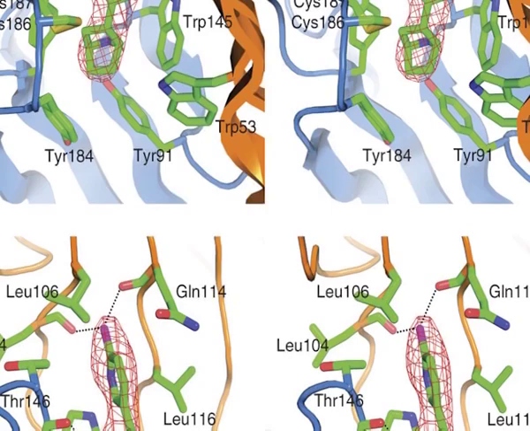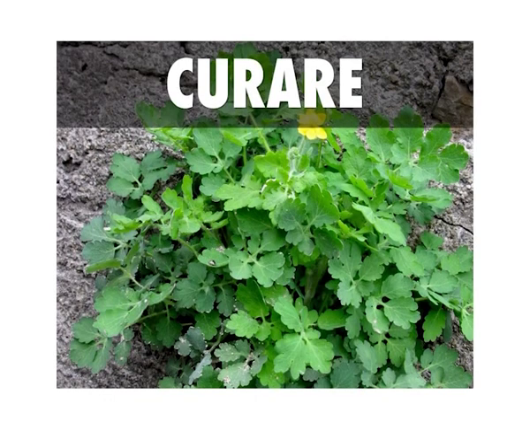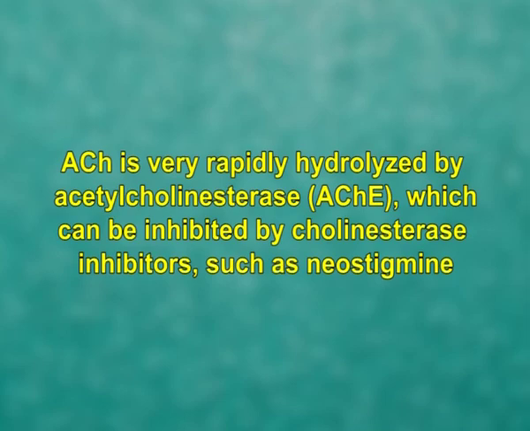Then after release, acetylcholine diffuses across the synaptic cleft and binds to nicotinic receptors in the motor end plate. The binding can be blocked competitively by non-depolarizing neuromuscular blockers such as curare or non-competitively by depolarizing neuromuscular blockers such as succinylcholine. Acetylcholine is very rapidly hydrolyzed by acetylcholinesterase which can be inhibited by cholinesterase inhibitors such as neostigmine.